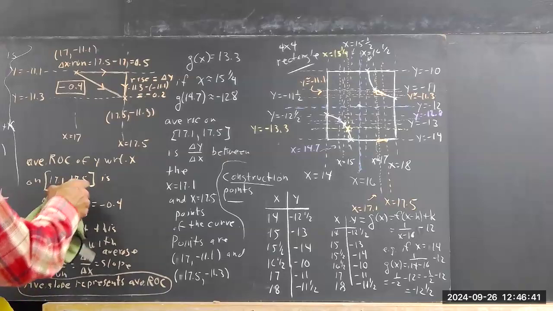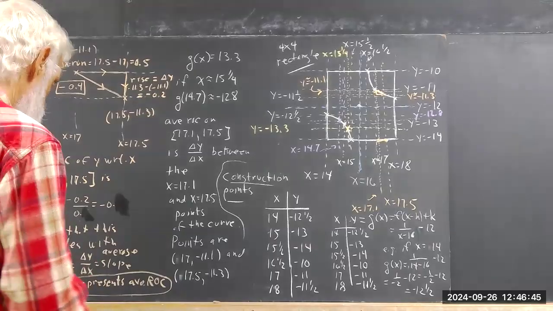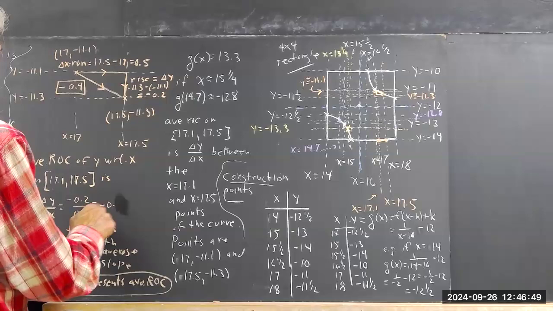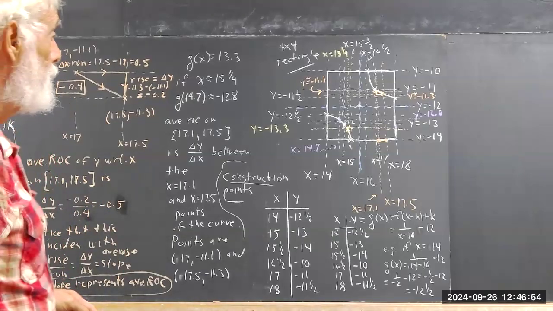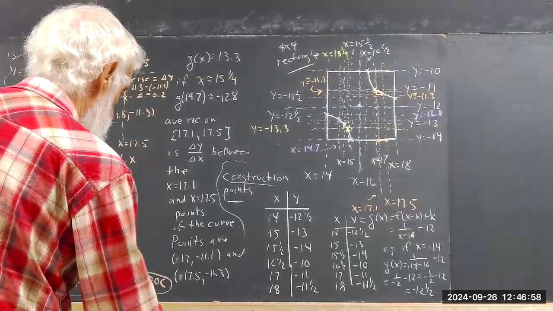And from 17.1 to 17.5 is 0.4. Gives me a slope of negative 0.5. So I should have put a 0.5 up here.